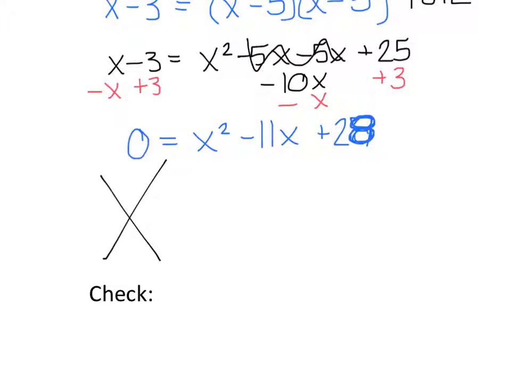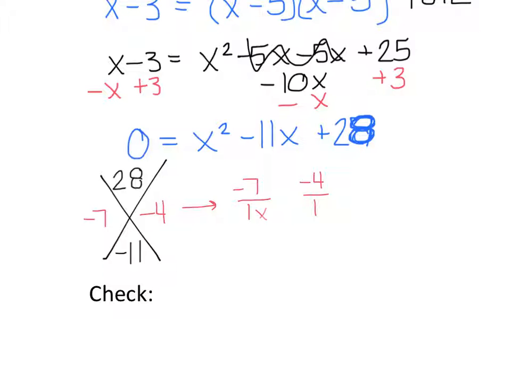Okay, so a times c goes in the top. So that's 1 times 28, which is just 28. And b goes in the bottom. So what multiplies to get 28 and adds to get negative 11? Negative 7, negative 4. Very good. Now you put those in the top of a fraction over a. What was a? 1. Okay?